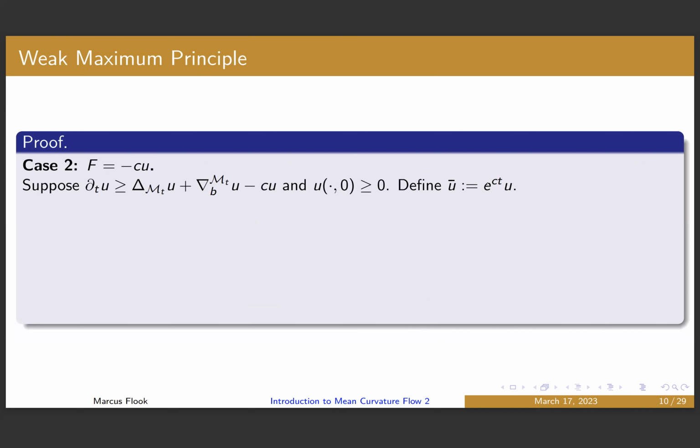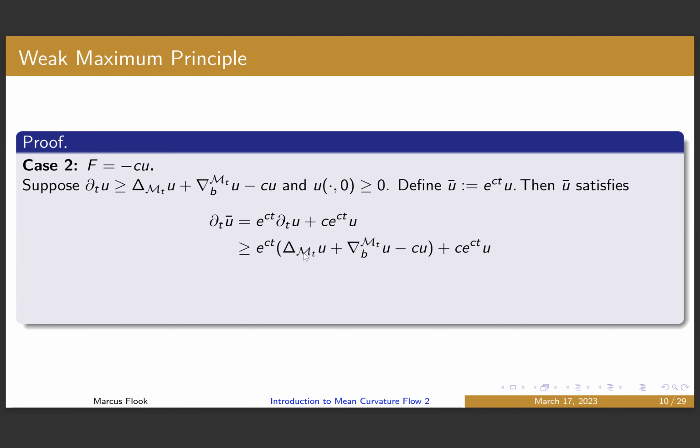So computing the time derivative, basic product rule, we can see that we're just going to get e to the ct times the partial time derivative with respect to u plus c e to the ct u. Applying the fact that this is indeed a super solution, we will get this expression, and this is where we can see the terms that we want to cancel out will nicely cancel out.